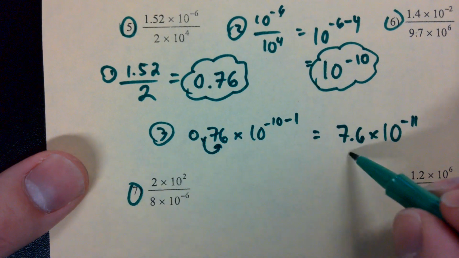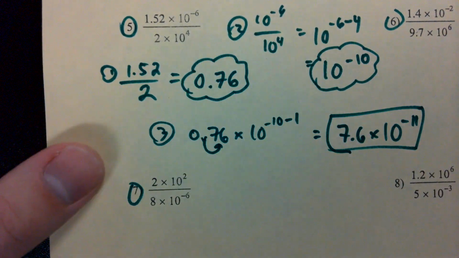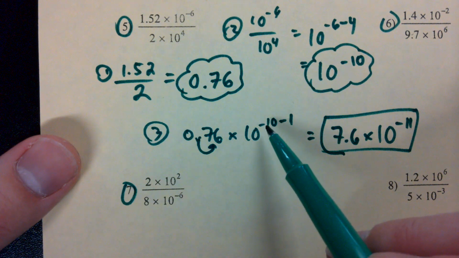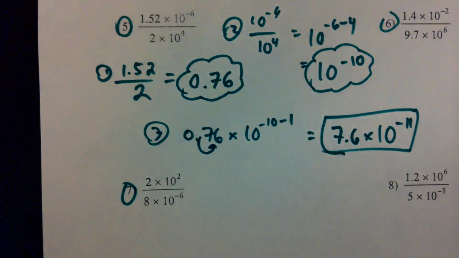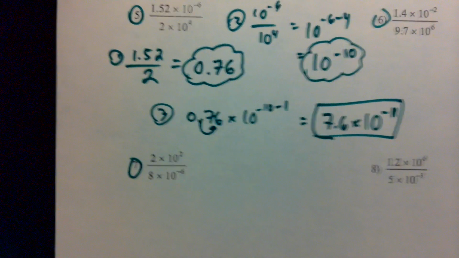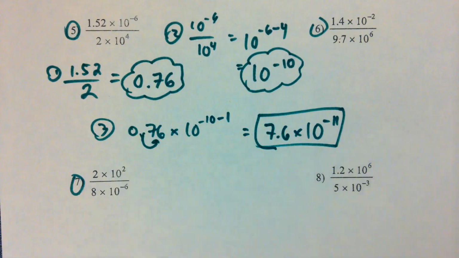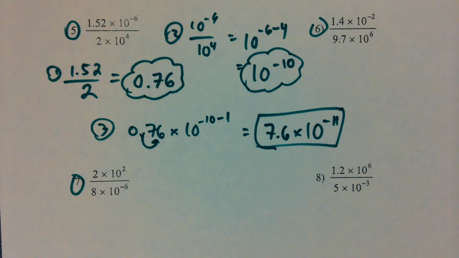I hear negative 9. I hear negative 11. Negative 11. Whenever you see two minus signs like that, a minus 10 minus 1, you're getting a bigger negative number. That's just something we have to know by now, unfortunately. We can't spend more time going over that. We just got to know.